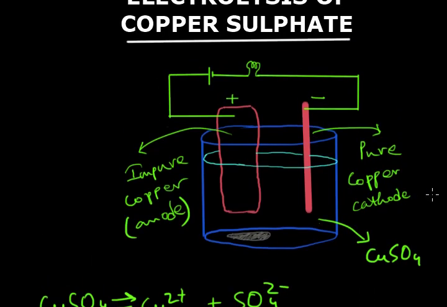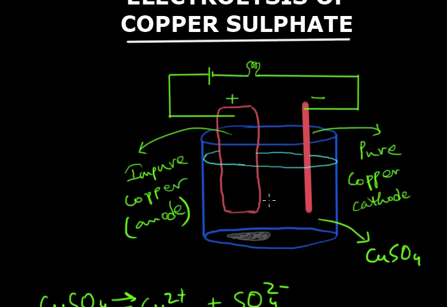But in the electrochemical activity series, we have seen that the copper ions reside highly above the H+ ion. That's why whenever electrical current is passed through the circuit, that is, if the battery is connected, what happens?